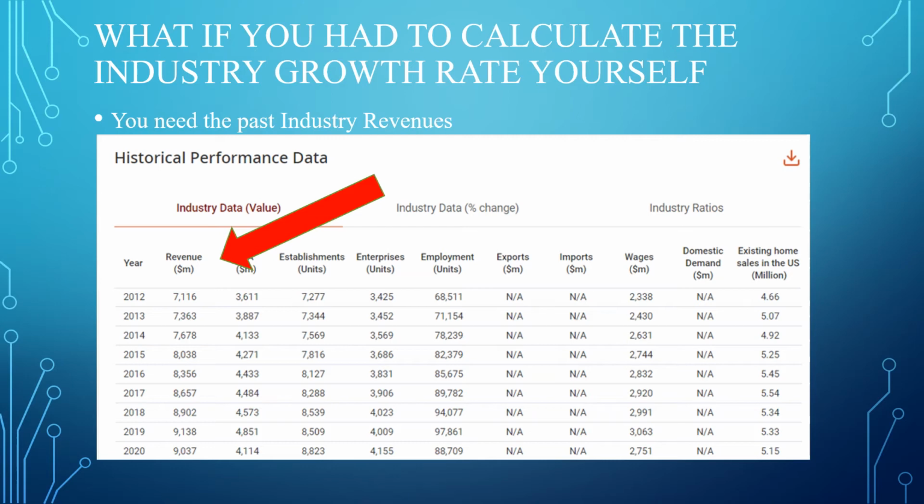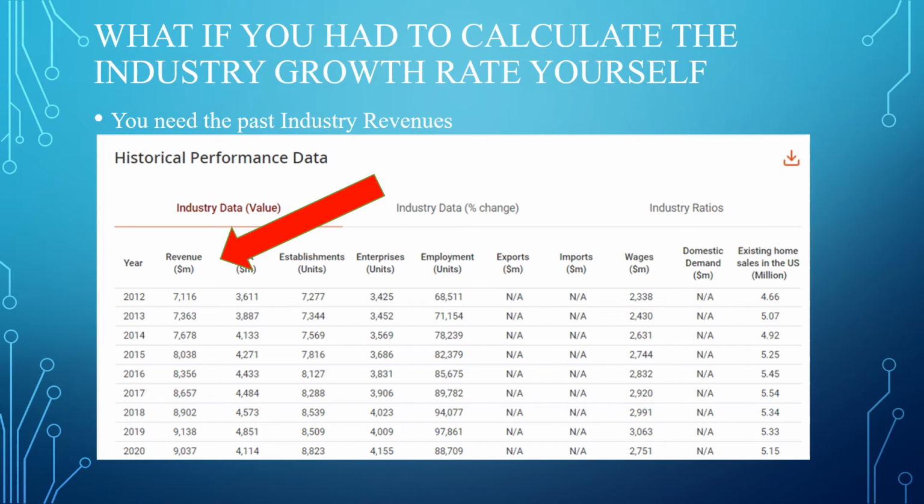So it's important that you somehow find the historical revenues for the industry. And here we have them. I have them going back to 2012. It turns out the IBISWorld has them going back even a little further. But you'll notice that they have a revenue estimate for each year.